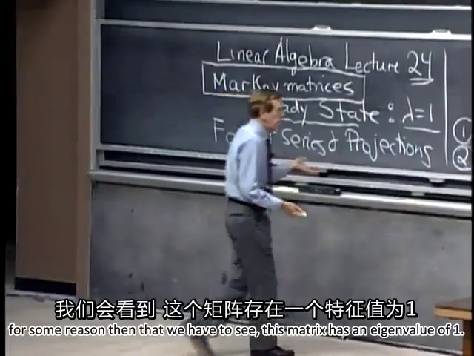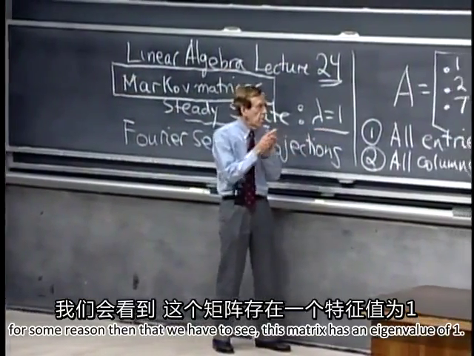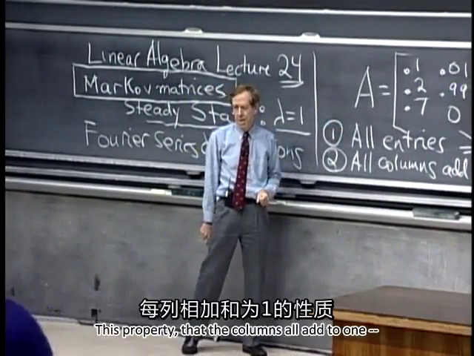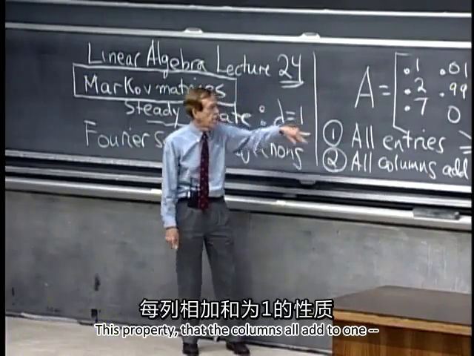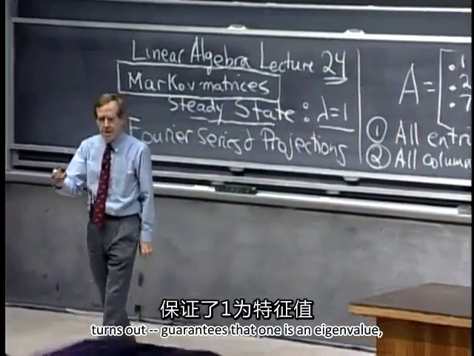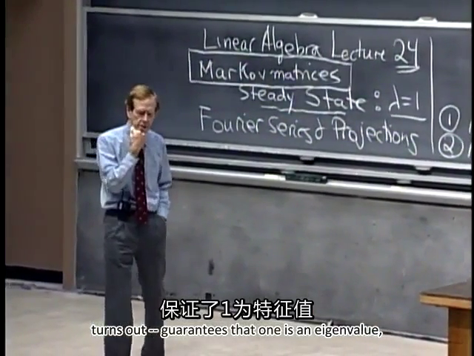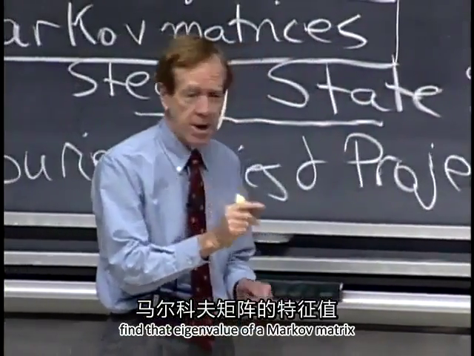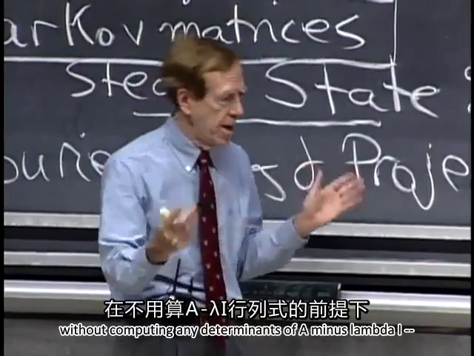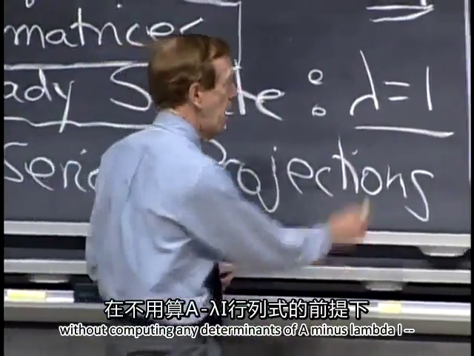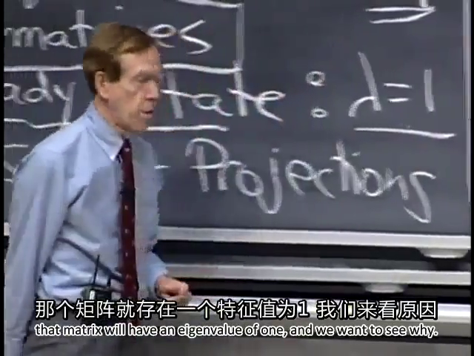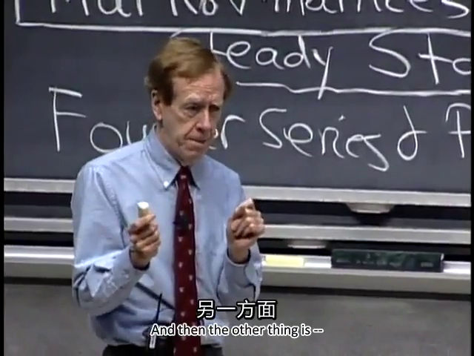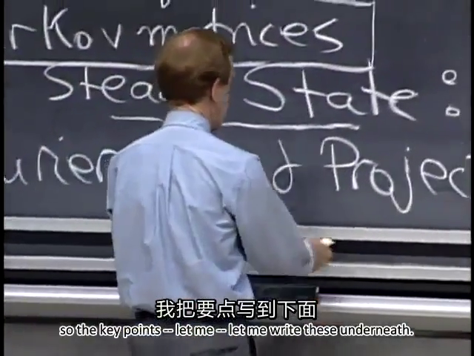Now, for some reason that we have to see, this matrix has an eigenvalue of 1. This property that the columns all add to 1 turns out to guarantee that 1 is an eigenvalue. So you can actually find that eigenvalue of a Markov matrix without computing any determinants of A minus lambda I. That matrix will have an eigenvalue of 1, and we want to see why. And then the other thing is, the key points, let me write these underneath.